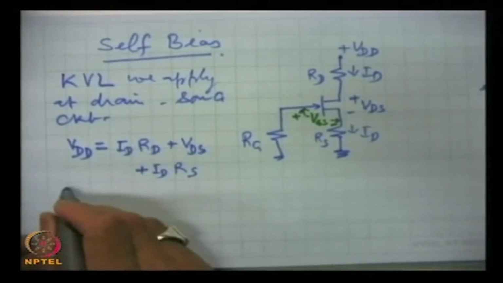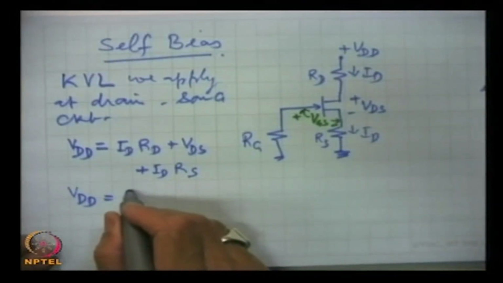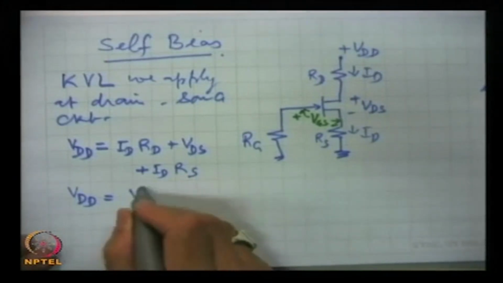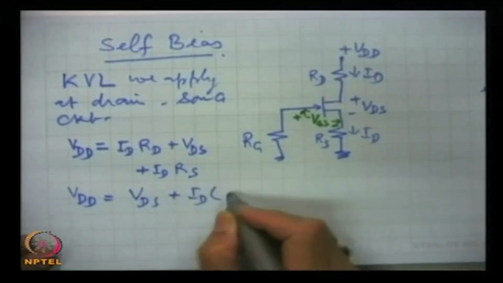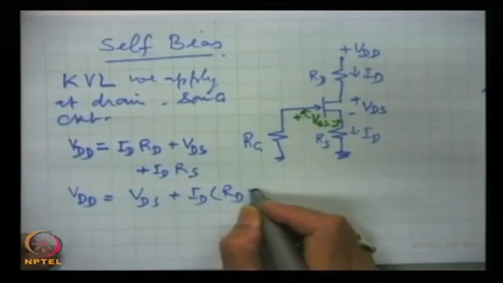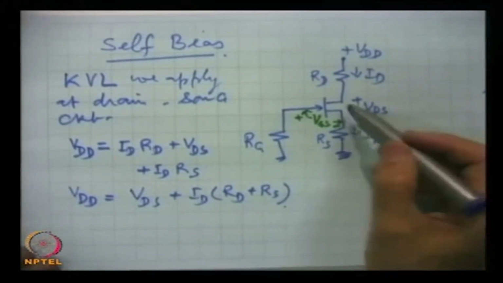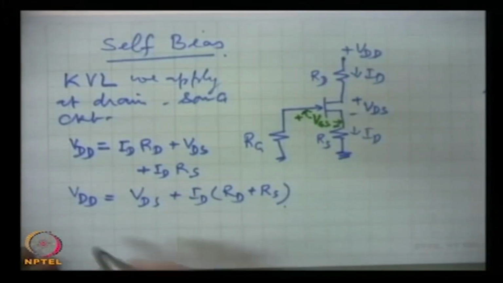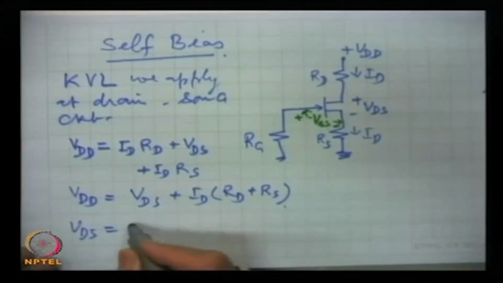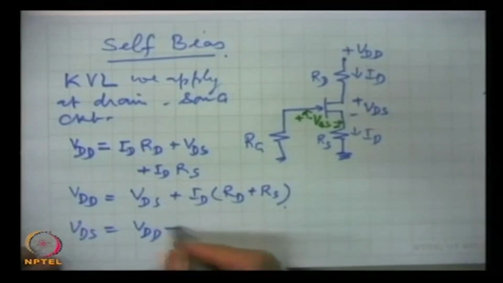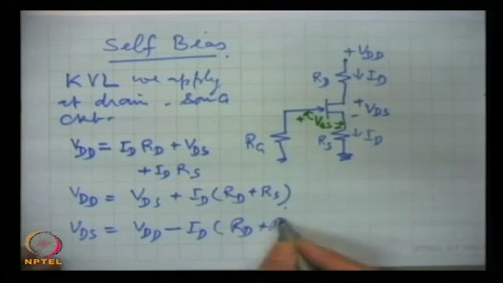This can be written as VDD equal to VDS plus ID into RD plus RS, and from this equation, which we will use later, VDS is given by VDD minus ID into RD plus RS.